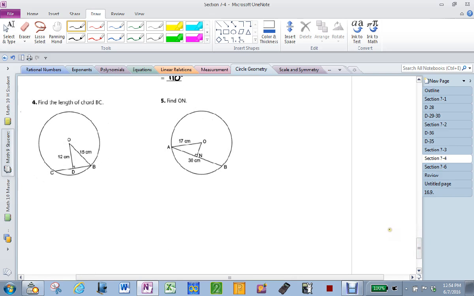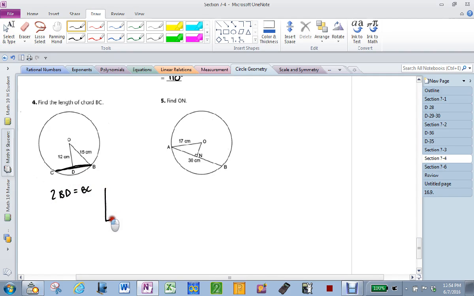And finally, your good friend and mine, Pythagoras. So I need BC. But I know that BC is just 2 BDs, don't I? So if I can find BD, I'm in business, yeah?